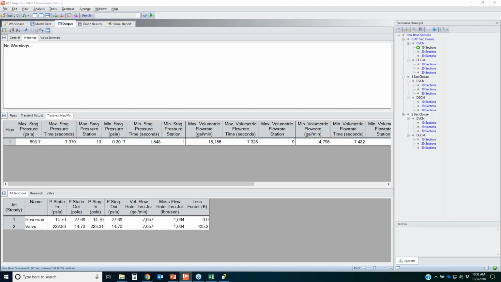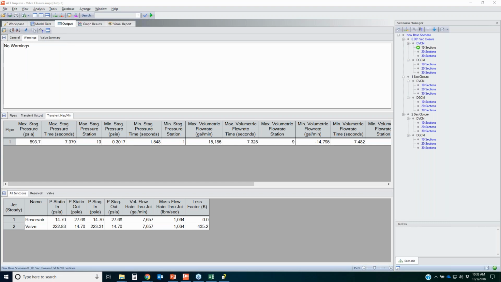Moral of the story is you can't just assume that because this is blank that your results are correct, and you can't just look at these results and be done with it. You see that you have a maximum pressure spike of almost 900 psi, but this gives you no indication as to what's going on at the time in which it occurs in your system. You have to look at things much deeper.